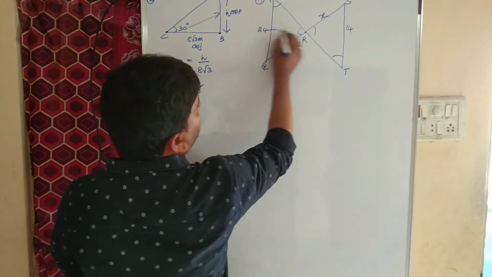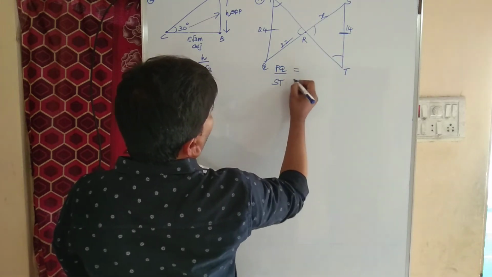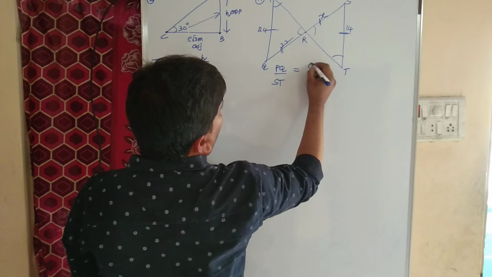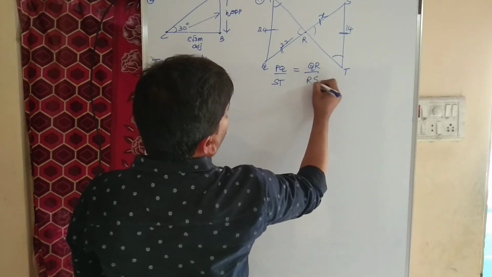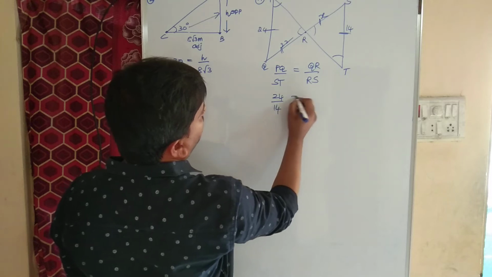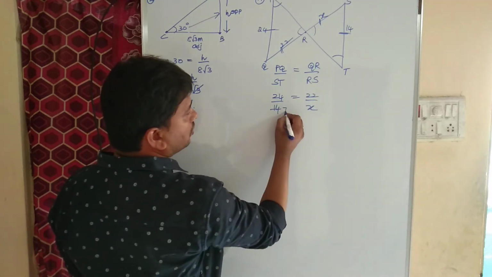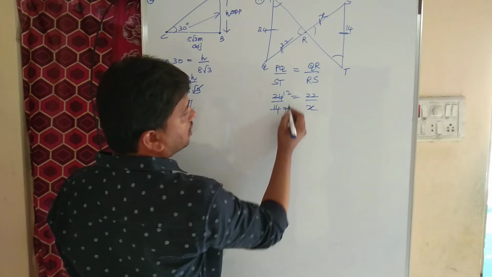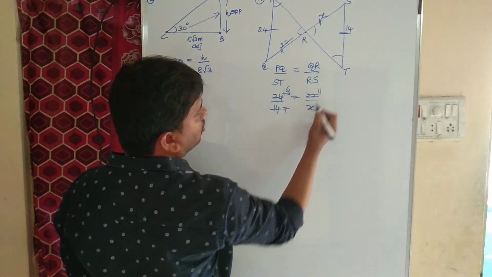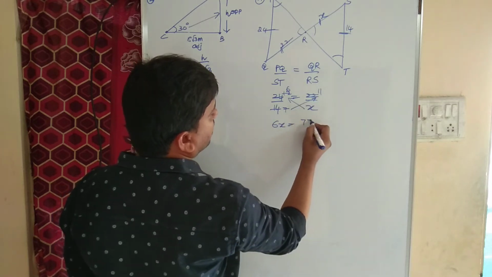Therefore, what is the corresponding side of PQ? The corresponding side of PQ is ST, and the corresponding side of QR is SR. So that is 24 by 14 equal to 22 by x. Simplifying, 6x equal to 11 into 7, which is 77.